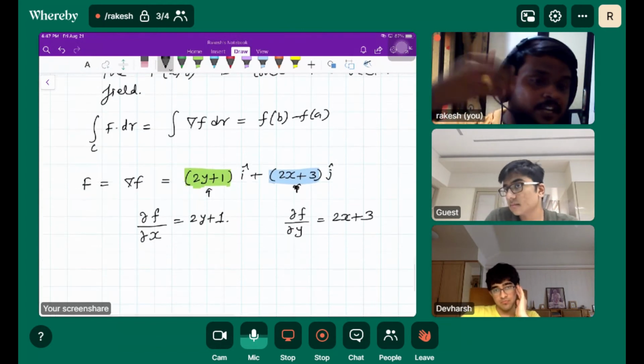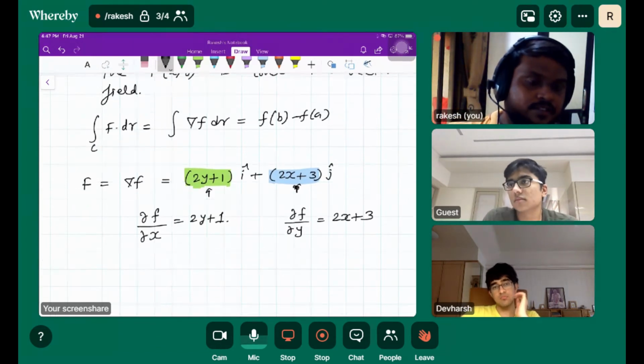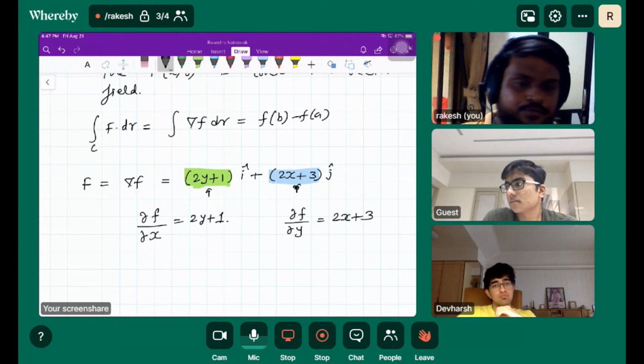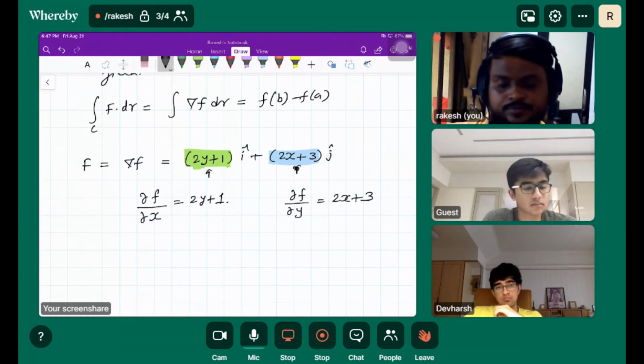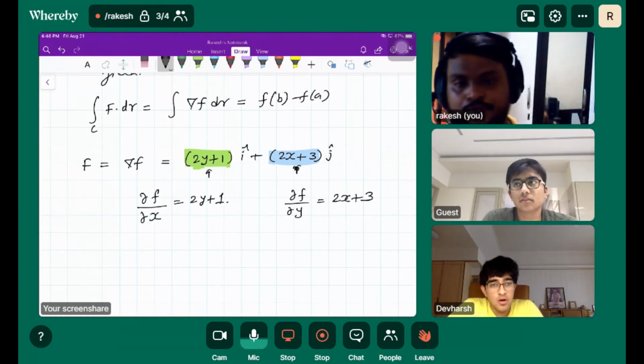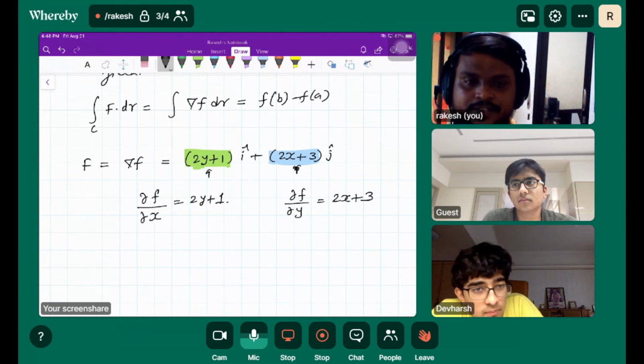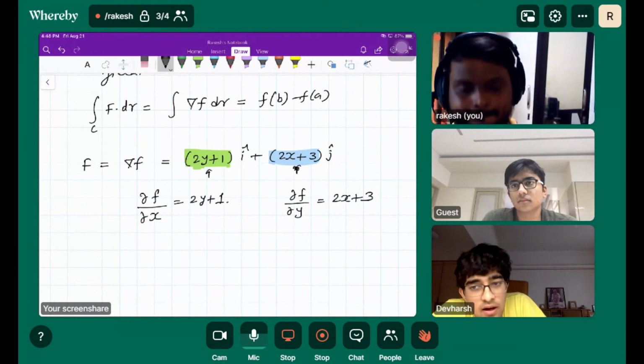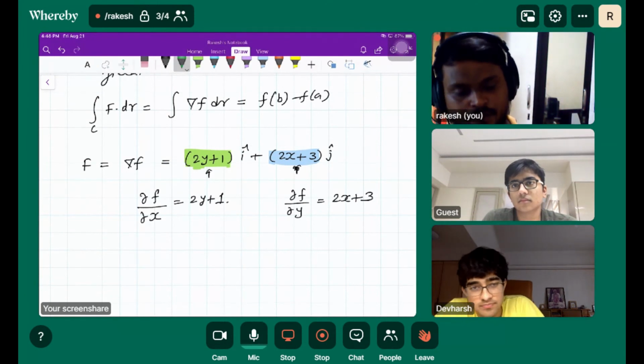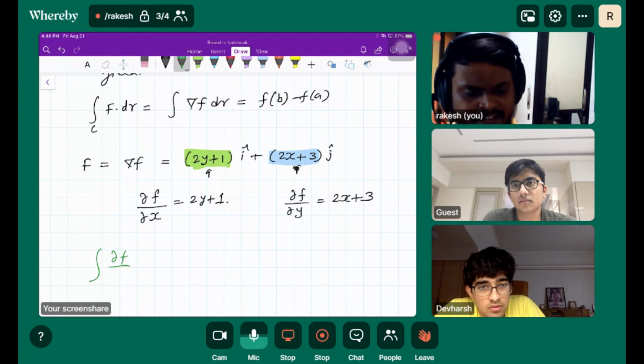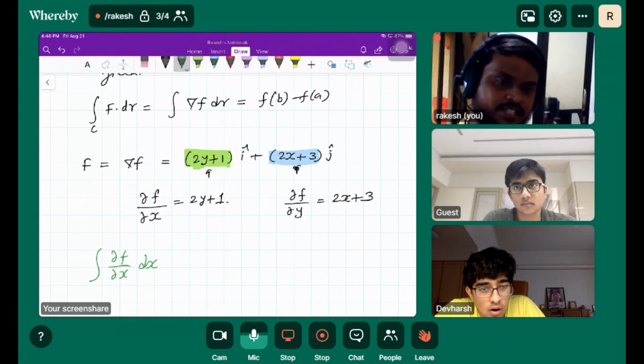Now, if we want to find f from this, what do we have to do? We have to integrate this with respect to x.